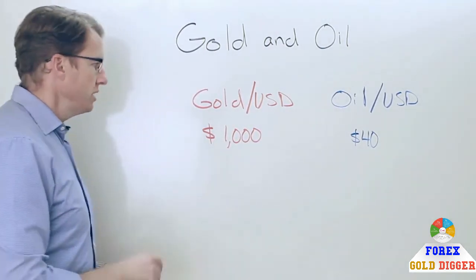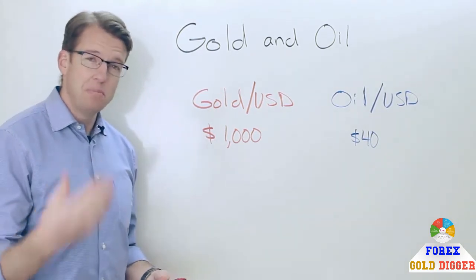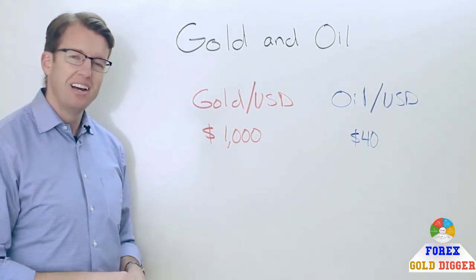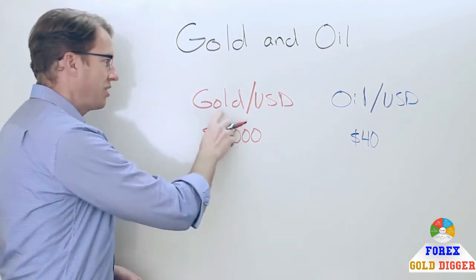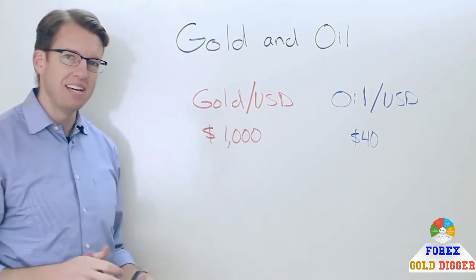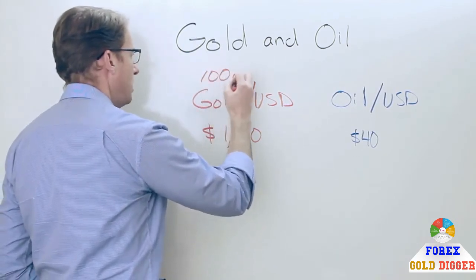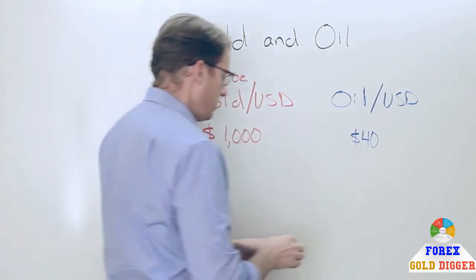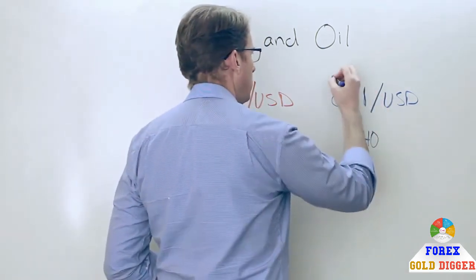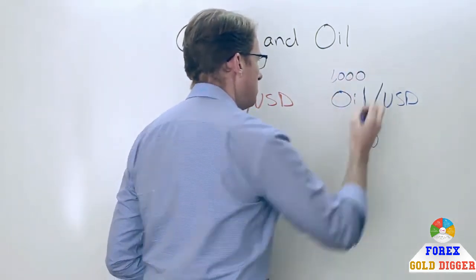Well, in order to understand what that actually means to a trader who's taken a position here, what we need to know is how large the size is over here on the base. In the case of gold, this is 100 ounces for a full lot, and in the case of oil, it's 1,000 barrels.